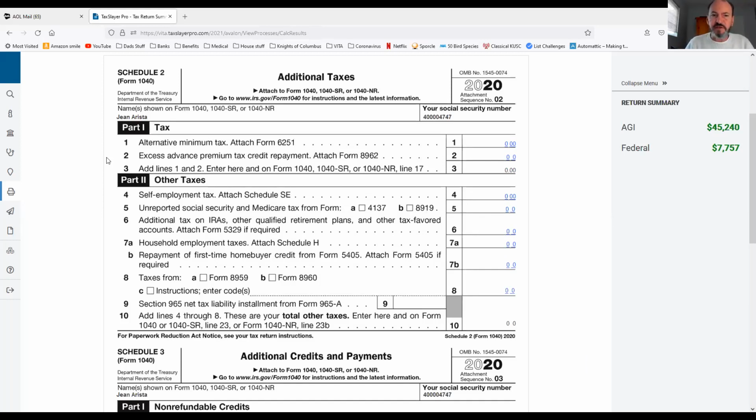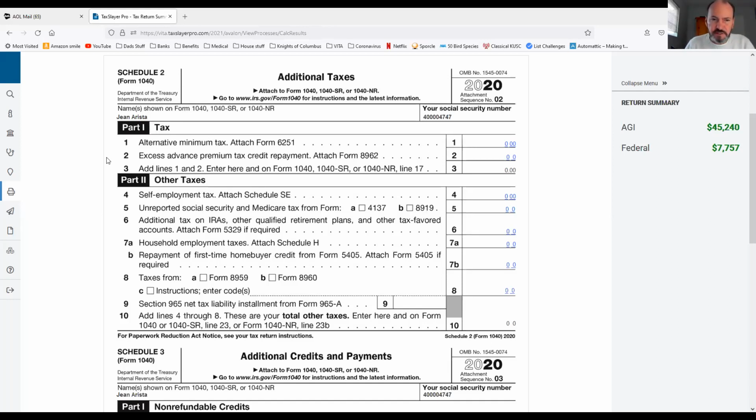Because if they receive a subsidy from the taxpayers and it is too much at the end of the year, the government wants the money back. And that's that excess advance premium tax credit repayment. That's pretty traumatic financially when someone has to pay $3,000 or $4,000 back. So just remind them, update your Covered California.